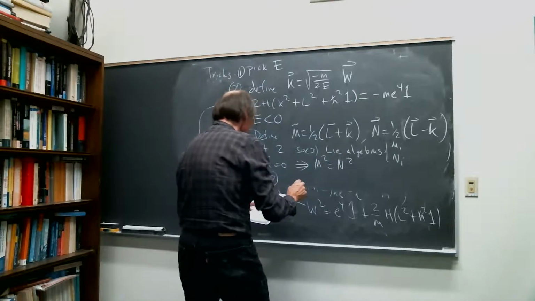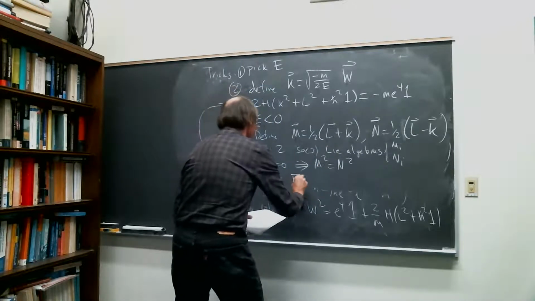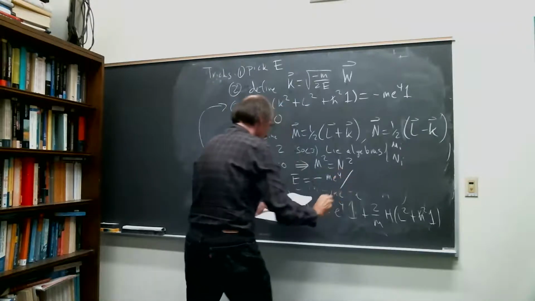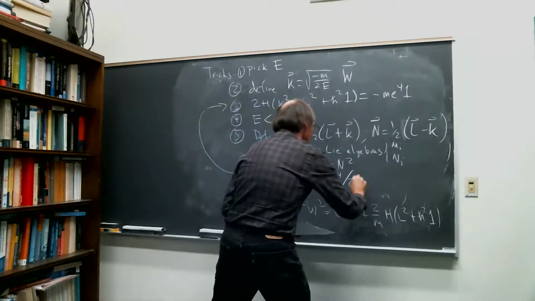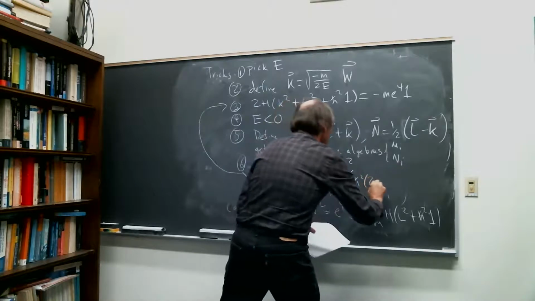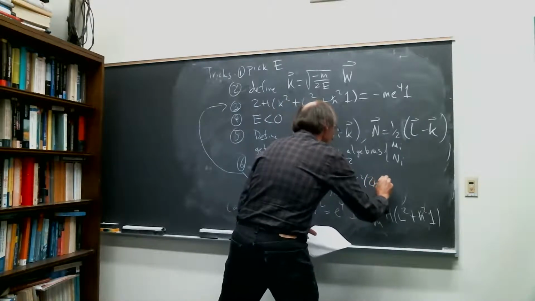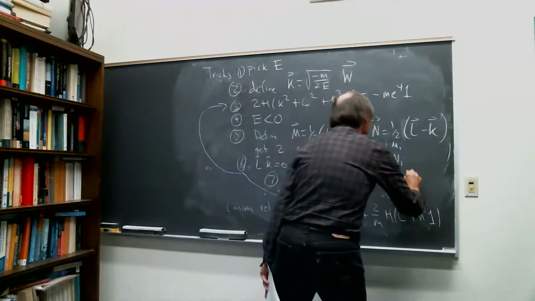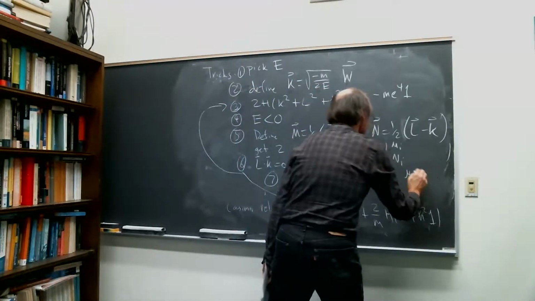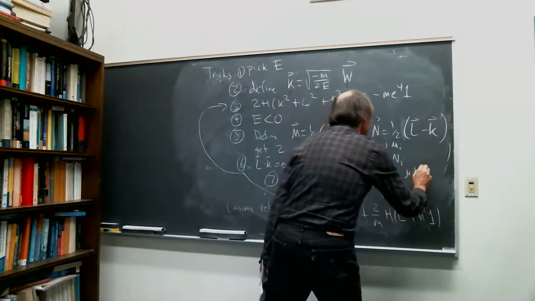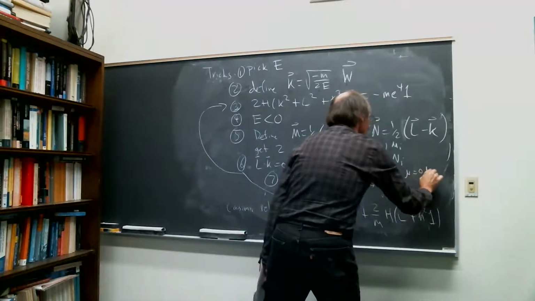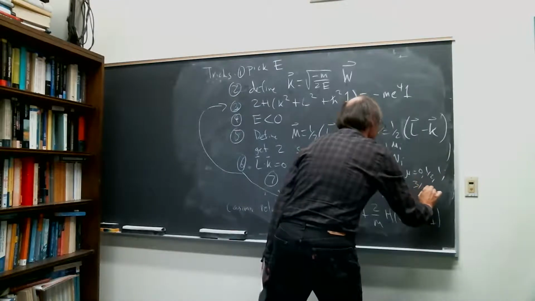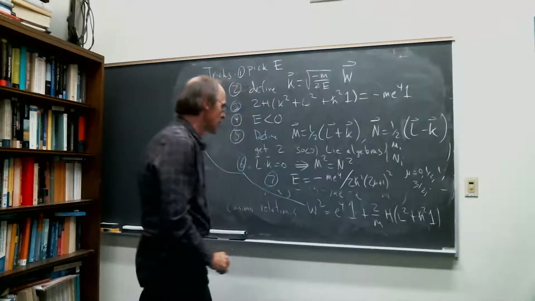Anyway, you then end up with E is equal to minus m e to the fourth over 2 h bar squared, (2 mu plus 1) squared, where mu is half integral: 0, 1/2, 1, 3/2, etc.